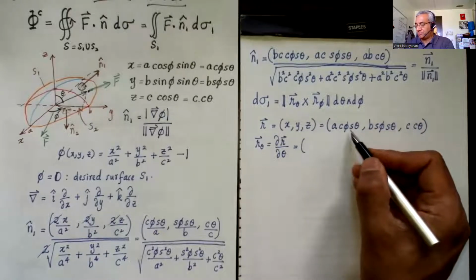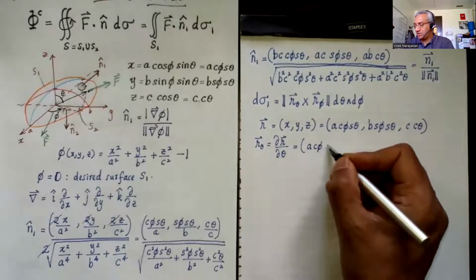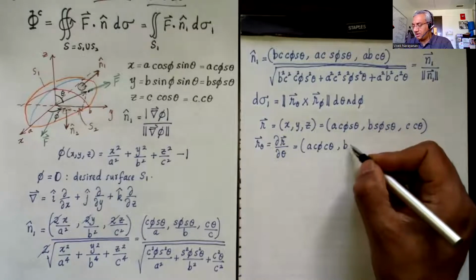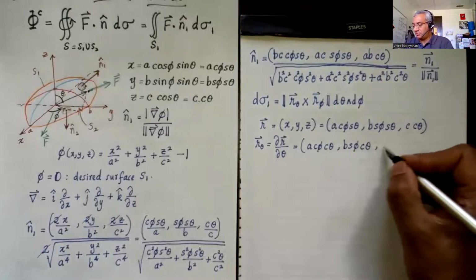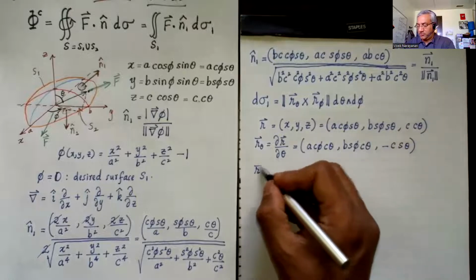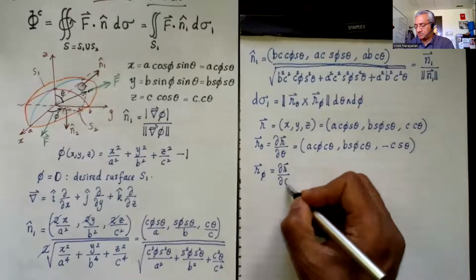Then I get a cosine phi cosine theta, and then b sine phi cosine theta, and then that's negative c sine theta. R sub phi is the partial derivative of r with respect to phi.